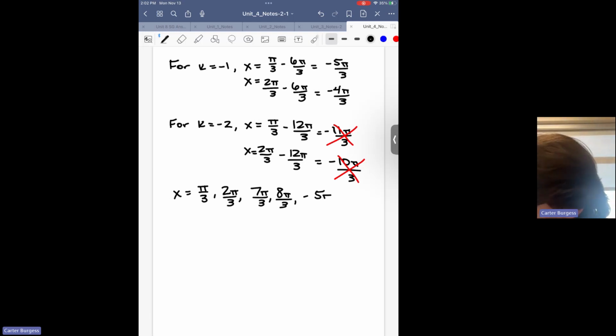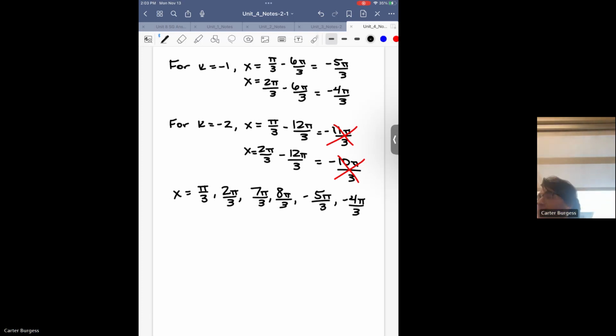That's -5 pi over 3 and -4 pi over 3. So 3 sets of coterminal angles here. And these are the ones that we'd have to worry about.